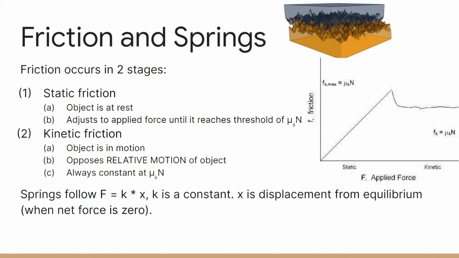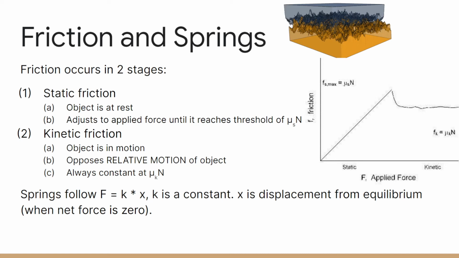And that threshold, as you can see in this graph here, is that peak when the static frictional force is equal to mu s times the normal force of the object. And if you don't apply that much force, static friction will always balance your force out, always prevent the object from moving unless you apply a force that's greater than mu s times N.